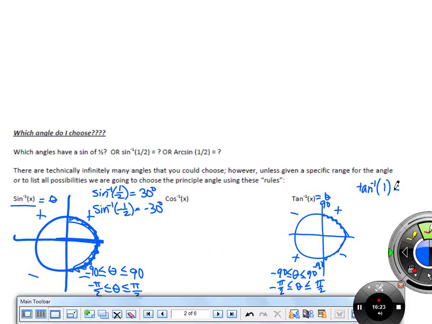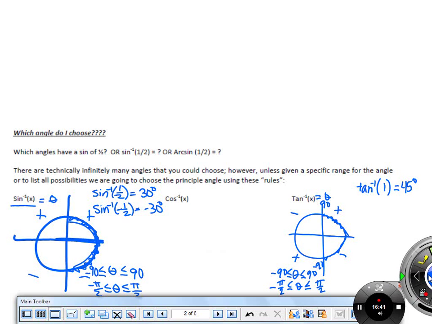So what kind of angles does that happen at? 45s. So the answer to this is a 45. It's either 45 or negative 45 based on my rules. The tangent is positive up here and it's negative down here. So where is it equal to positive 1? At 45 degrees.